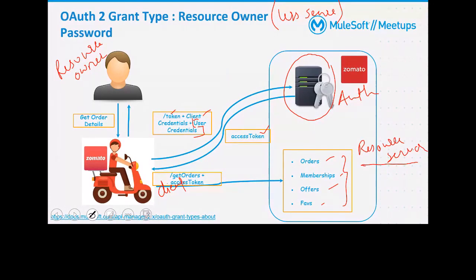These resources are owned by this particular user. That's why we are calling it resource owner. Now, if you are getting an access token with the help of the resource owner password, then we call this grant type the resource owner password grant type. Okay, hope this is clear to everyone. He will get order details. Is that clear?